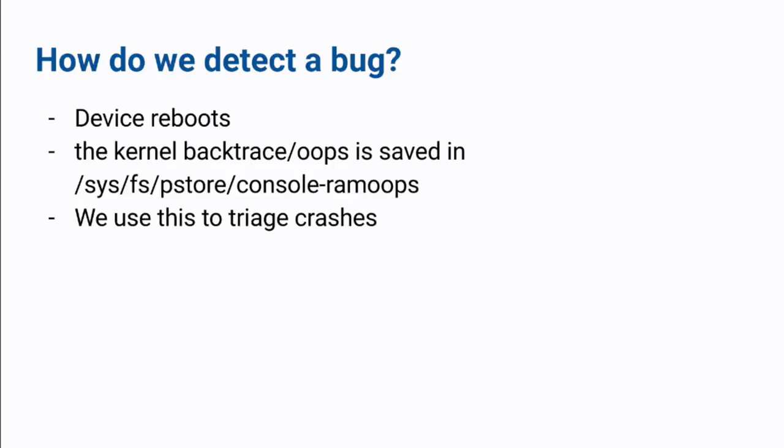We also save the whole sequence of ioctls, and that can be trimmed down to triage the crashes a little bit better, because if you've done any triaging, it can be pretty annoying just to look at the actual inputs. So the combination of the ram oops and the backtrace of ioctls, which we can filter down, helps a lot.